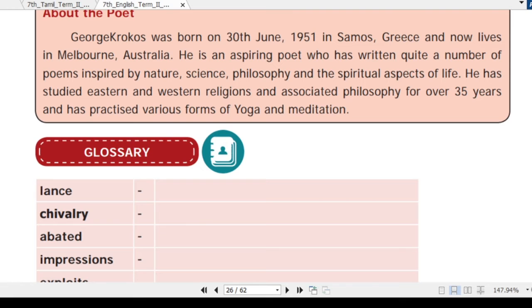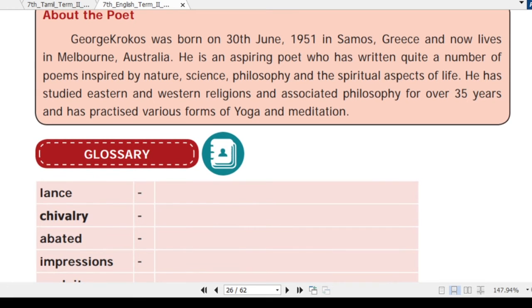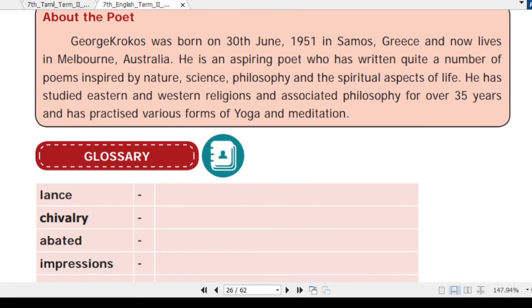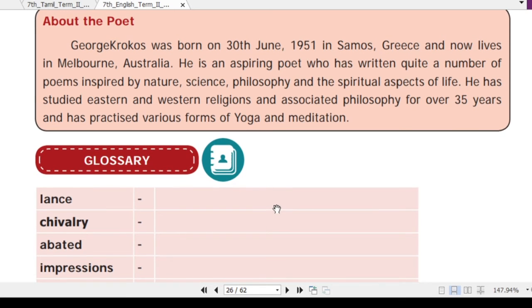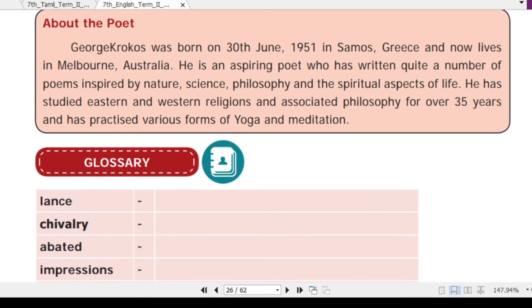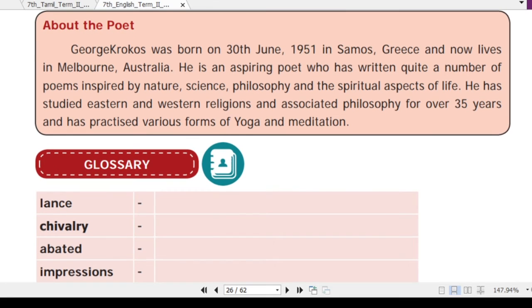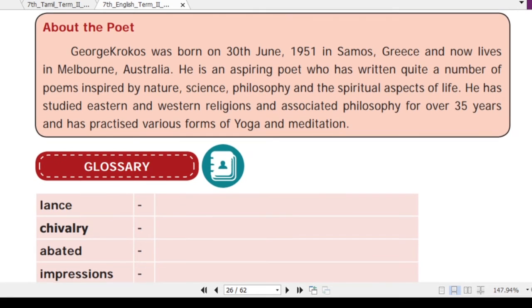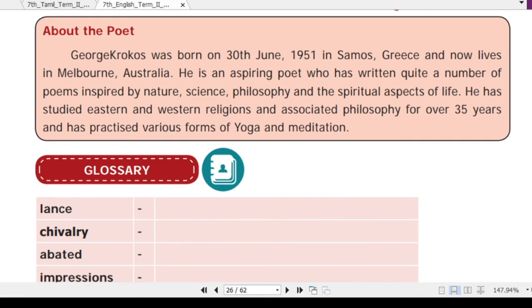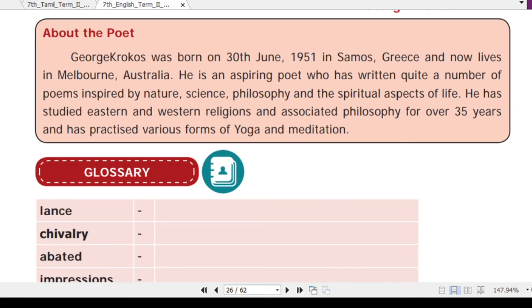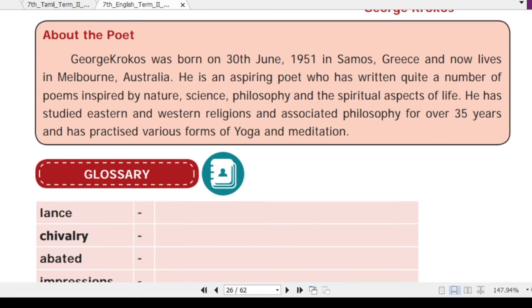See, this is called lance. Lance means a long weapon with a wooden shaft and a pointed steel head. This is the steel and this is the wooden handle. Okay, this is the wooden shaft.